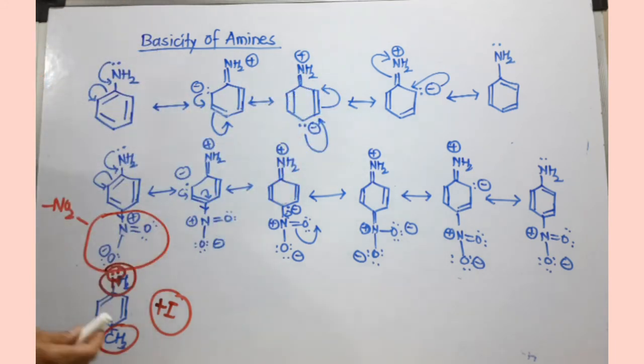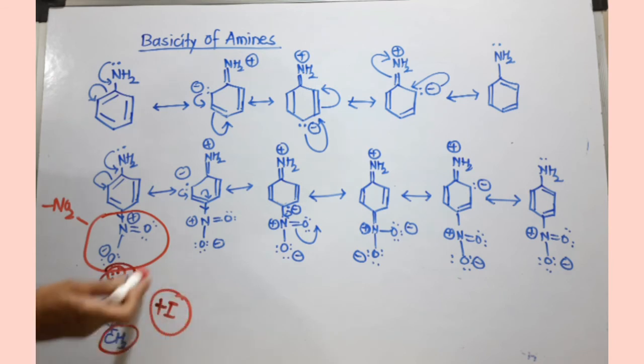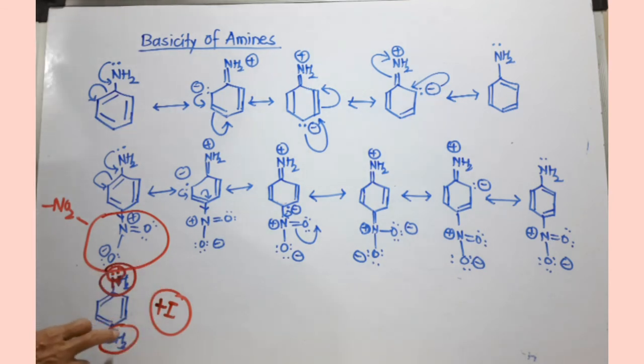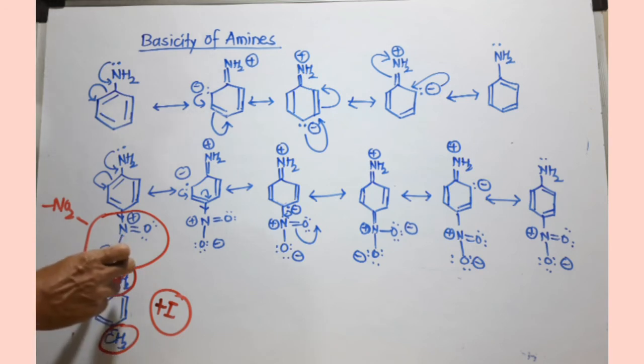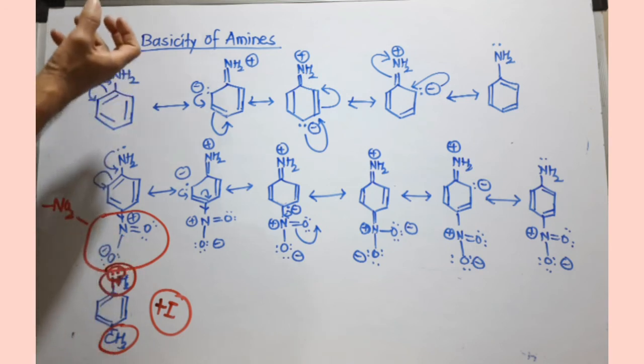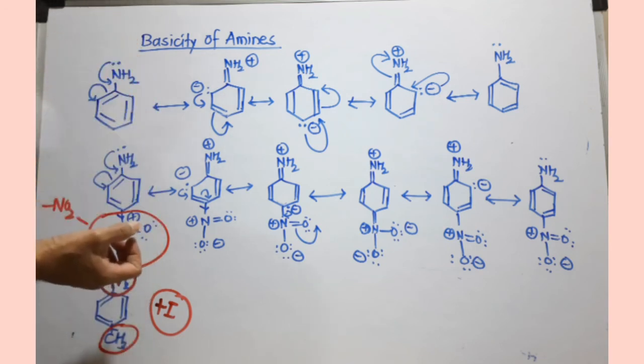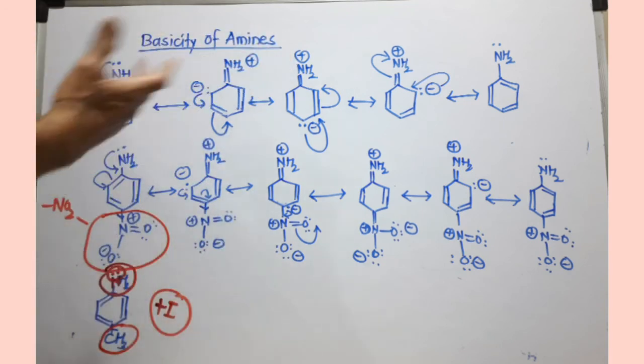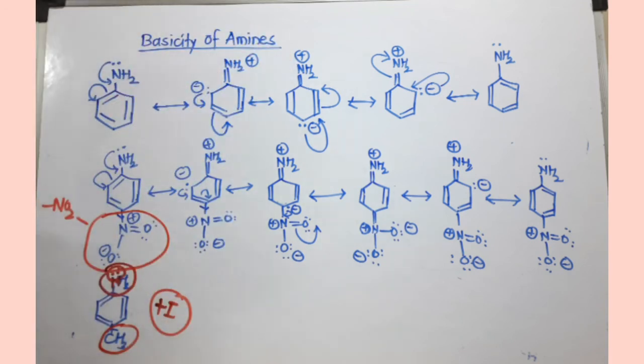Again, if an electron donating group is there, it is the plus I effect, and because of the plus I effect, the basicity of aromatic amines increases. So basicity increases if an electron donating group is there, basicity decreases if an electron withdrawing group is there, and aromatic amines are less basic as compared to the aliphatic amines. These are the points which you should remember regarding the basicity of amines. Thank you.